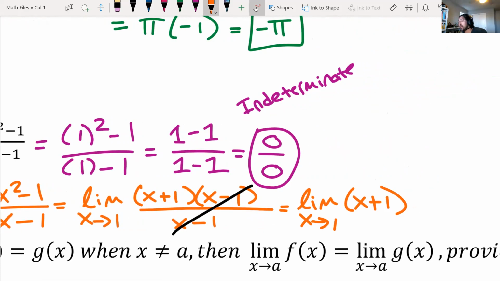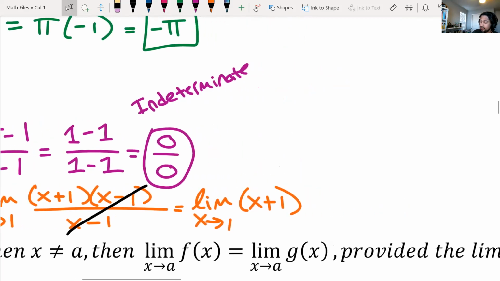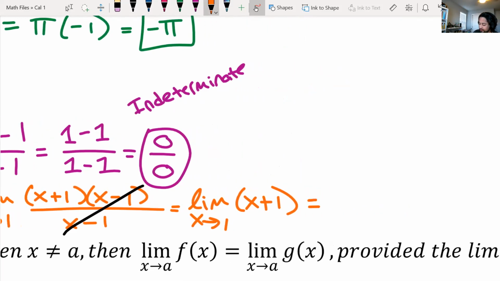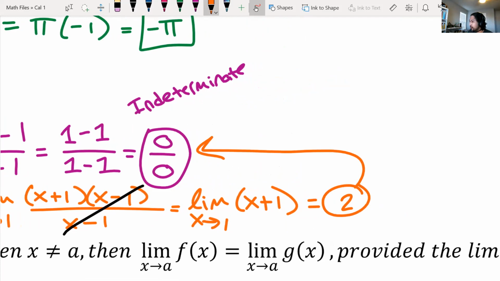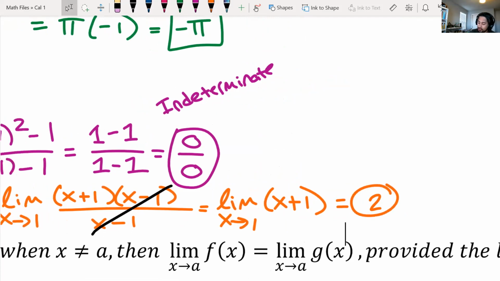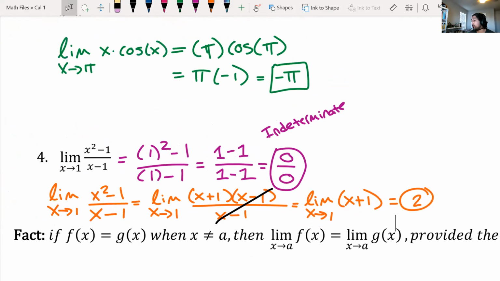And is it now safe to plug in 1? Yes, which means if we plug in 1, what is our limit value? 2. Now 2 looks very different from 0 over 0, right? So if you ever come across an indeterminate form, you must fix it.